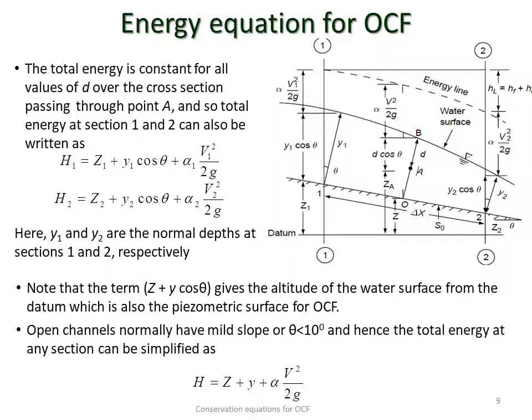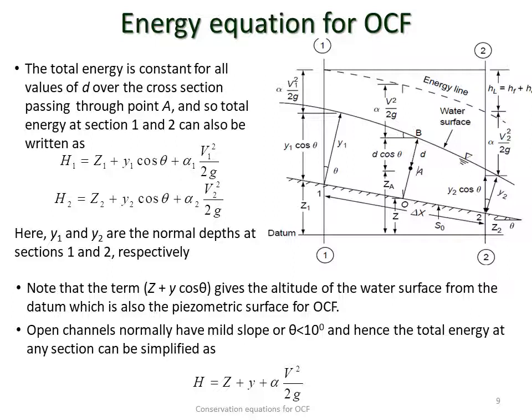So if we estimate or consider the total energy at sections 1 or 2, they can be given as H1, the total energy at section 1, which is the sum of Z1 plus Y1 cos theta plus alpha 1 into V1 squared by 2g.